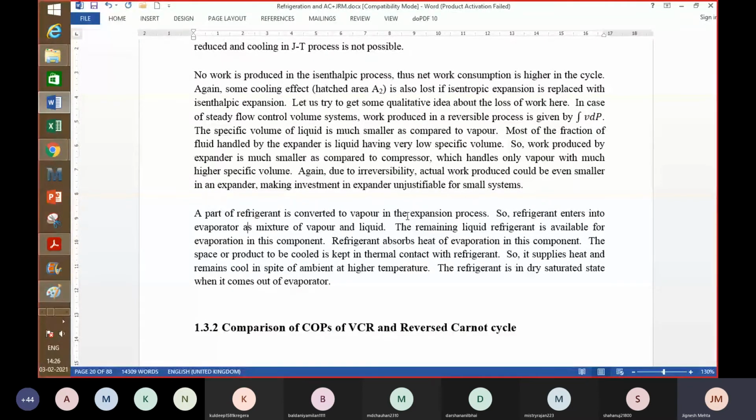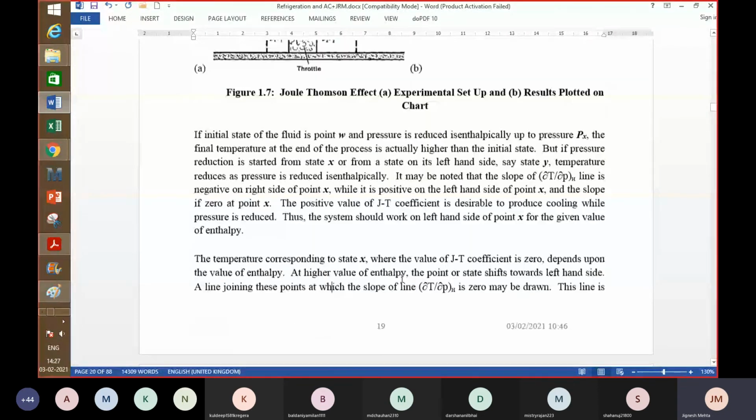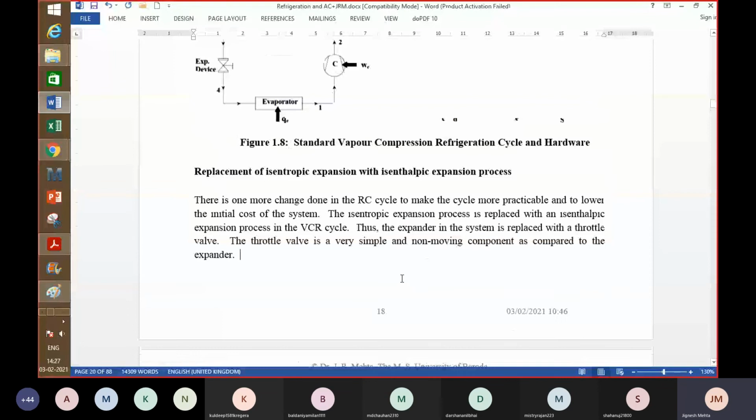The space or product to be cooled is kept in thermal contact with the refrigerant in this evaporator. So it supplies heat and remains cool. Cool, that is the space or the product remains cool in spite of ambient being at a higher temperature. The refrigerant is in dry saturated state when it comes out of evaporator in this standard vapor compression refrigeration cycle.